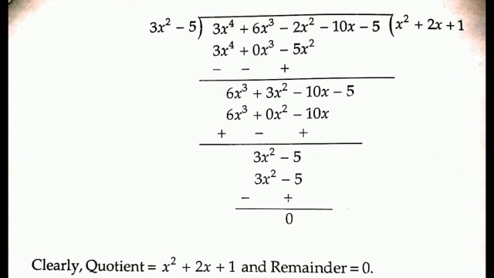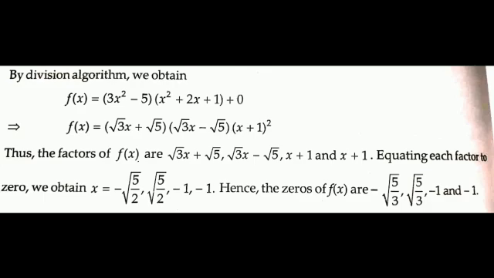Now if we take 1 as the third term of the quotient, we can divide it an equal number of times. So the remainder is 0. So clearly from this division we get quotient is equal to x square plus 2x plus 1 and remainder is equal to 0.